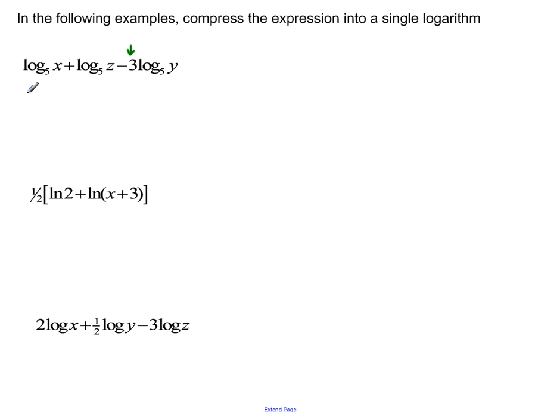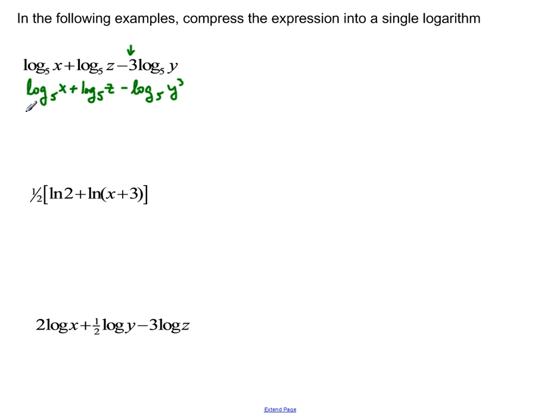By our rules, this is the same thing as the logarithm base 5 of x added to the logarithm base 5 of z minus, if that exponent is reversed, we reverse the rule, we write it as the logarithm base 5 of y to the third.